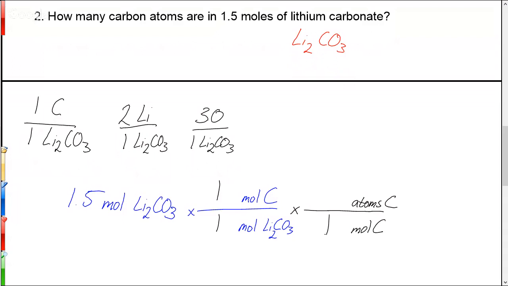It's always the same number when you go from moles to individual atoms. So if you have a mole of carbon, then you're going to have 6.02 times 10 to the 23rd atoms of carbon. So 1.5 moles of lithium carbonate gives you 1.5 times that number of atoms of carbon.